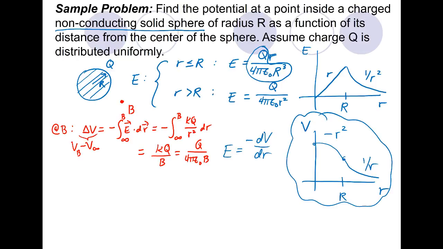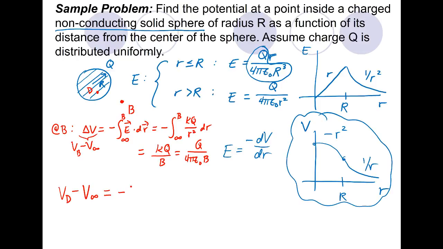Okay? All right, now let's say that we want to find the electric potential inside, so point D. Here's where it gets interesting. We're going to set it up, and then we'll do some of the math on another page. So we want to calculate basically VD minus V infinity. So that's going to be, well, we have to do two things.